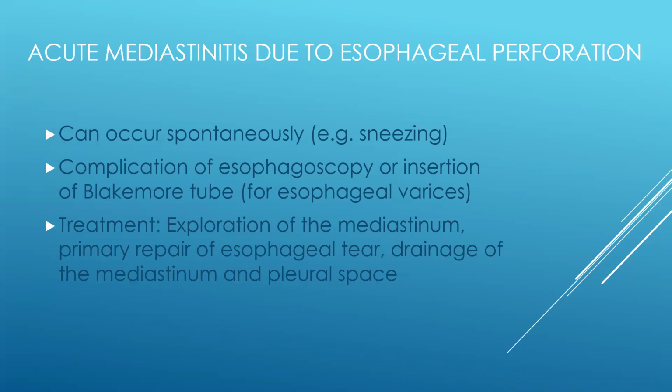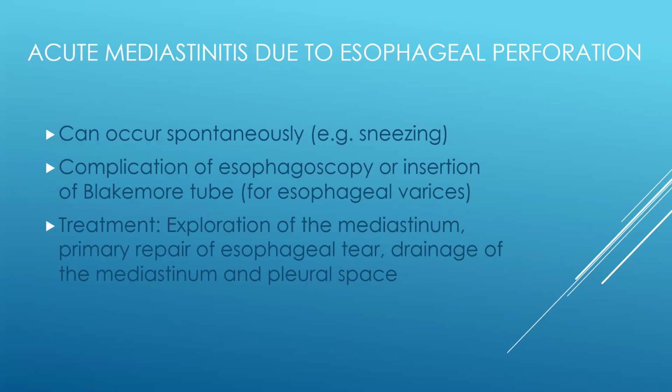Another more common way is the insertion of certain scopes or tubes into the esophagus, so your esophagoscopy or endoscopy, or the insertion of your Blakemore tube, which is for esophageal varices. While doing those procedures, the esophagus can rupture, leading to entry of secretions into the mediastinum.